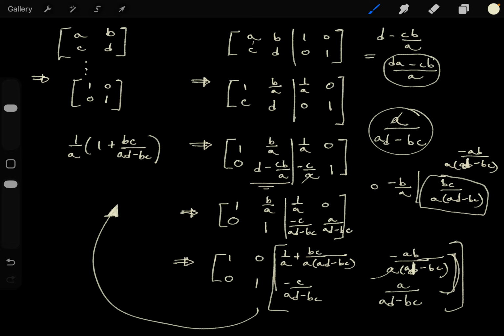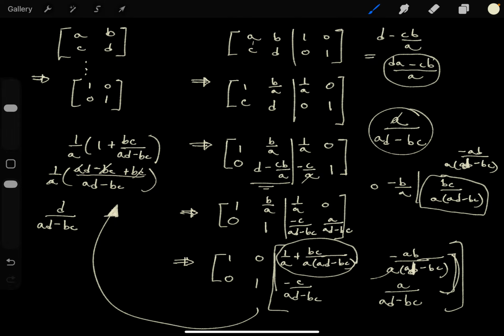This becomes 1 over A, and then I'm going to get a common denominator here: AD minus BC plus BC over AD minus BC. Take your time on how I did this. This cancels with this, and then you're going to be left with an A, and it's just D over AD minus BC as this first coordinate right here. So that's the first coordinate.